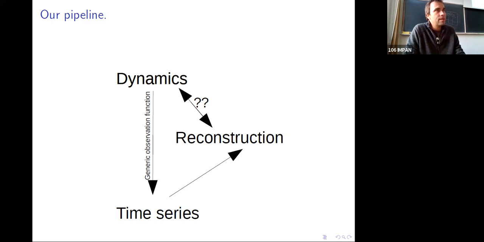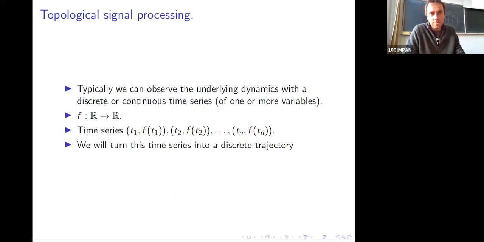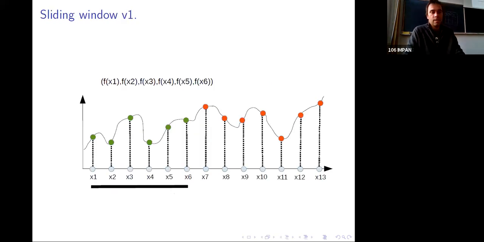Of course, for this we'll use, so we have a time series. We want to turn the time series into a discrete trajectory using sliding window embedding. That's a very standard thing. Let me just quickly run through it.